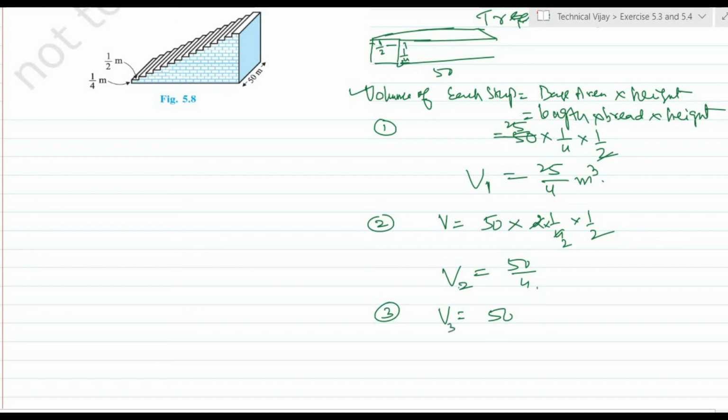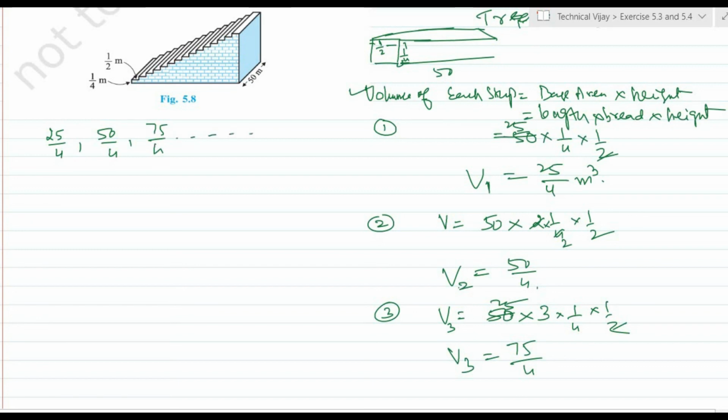Then V3 is 50, the length is the same, and the height is 3 into 1/4 into 1/2. That is 25 into 3, 75 divided by 4. In this way the series goes on: 25 by 4, 50 by 4, 75 by 4.